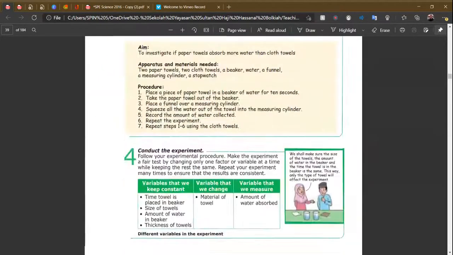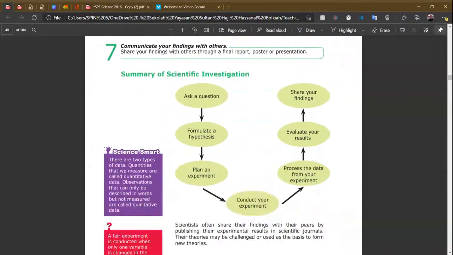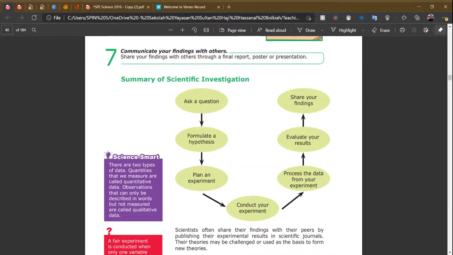Altogether, there are 7 steps that you need to remember. So ask a question, formulate a hypothesis, plan an experiment, conduct your experiment, process the data from the experiment, evaluate your result, and share your findings. Sometimes in exams they will not show you all the steps, but the sequence is still similar.